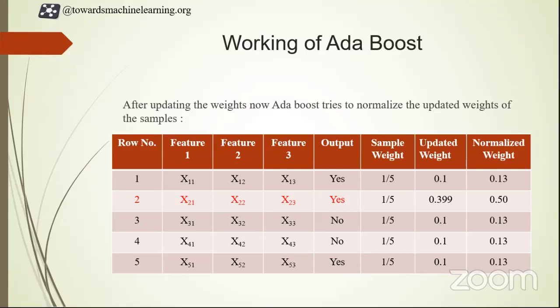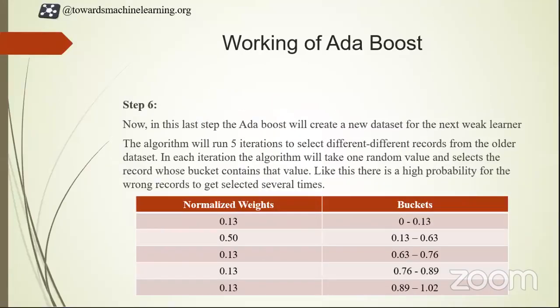So now we have calculated the updated weights and transformed them into the normalized weights. So now what does AdaBoost do? The algorithm will run 5 iterations to select different records from the older data set.